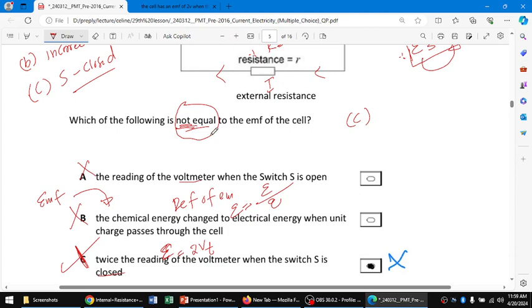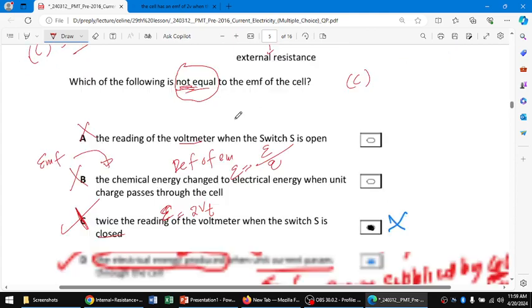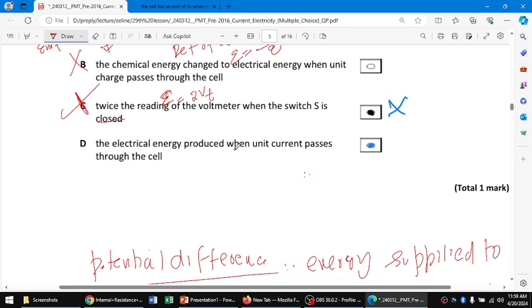We have to check which option is not equal to the EMF. Option D: the electrical energy produced when the unit current passes through the cell. I think this is the correct option, because this is not the definition of EMF.